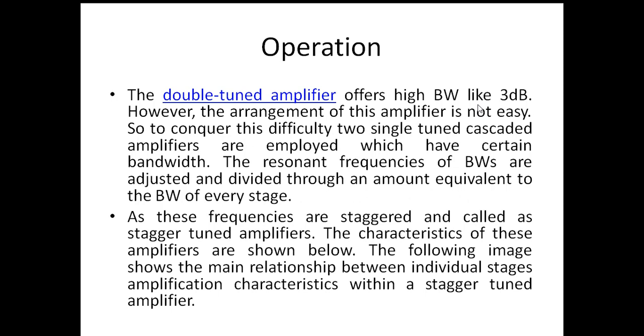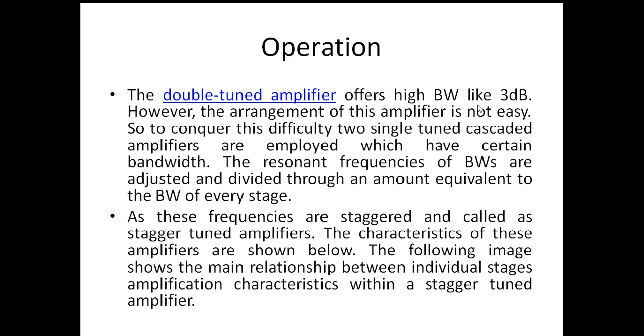The double tuned amplifier offers high bandwidth, like 3 dB. The bandwidth may be high, that is 3 dB. However, the arrangement of this amplifier to achieve high bandwidth is not easy.